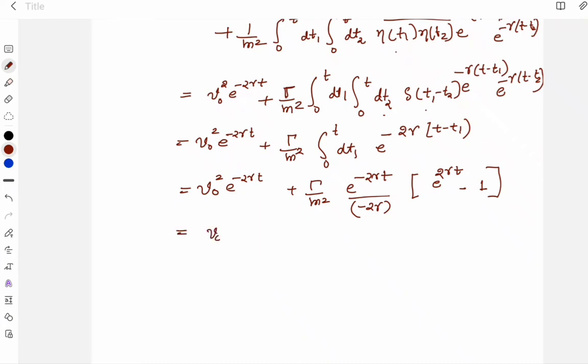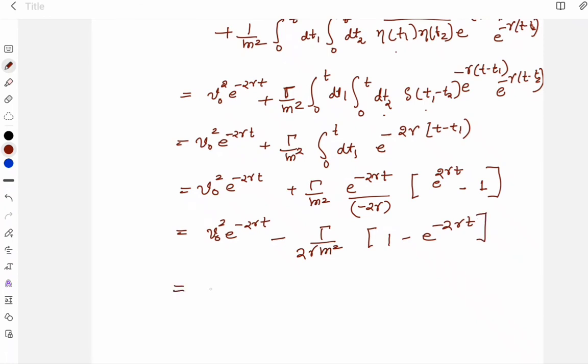So finally v0 square e to the power minus 2 gamma t plus gamma over m square times 1 over 2 gamma times (1 minus e to the power minus 2 gamma t).